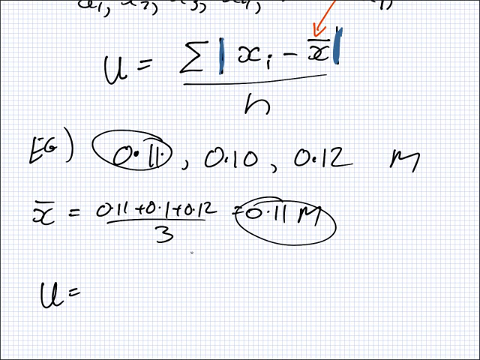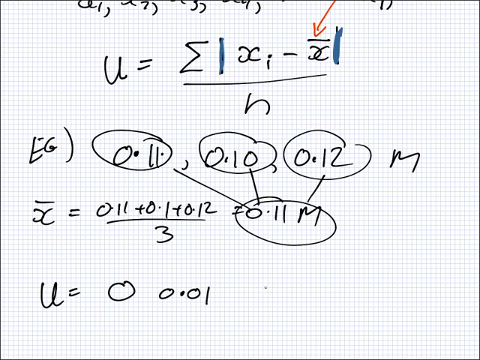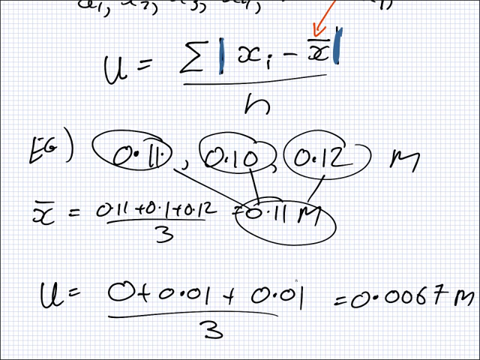The uncertainty is the difference between this and the average. So how different are these? 0. How different are these? 0.01. And how different are these two? 0.01. Then what you do is you add them up and divide by 3. So that would be 0.0067 meters.